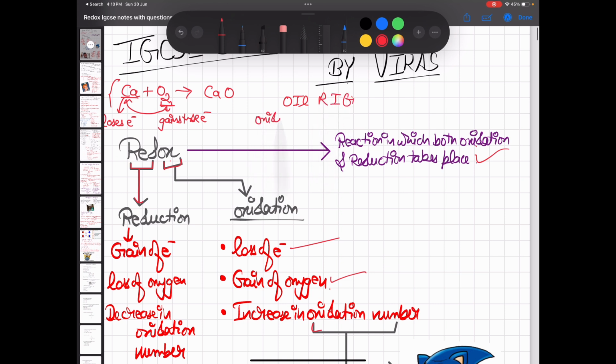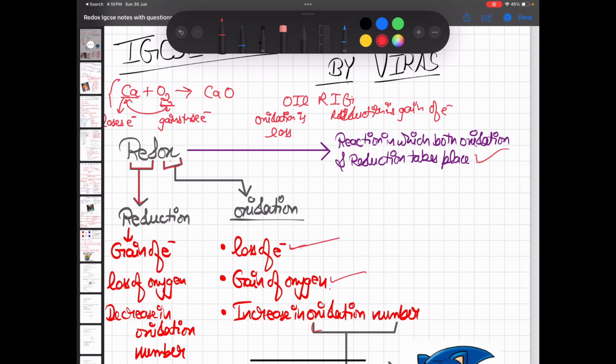It says that oxidation is loss, reduction is gain, of electrons. So conceptually we have understood this, that whenever you add oxygen to something, that particular species is going to lose electrons.